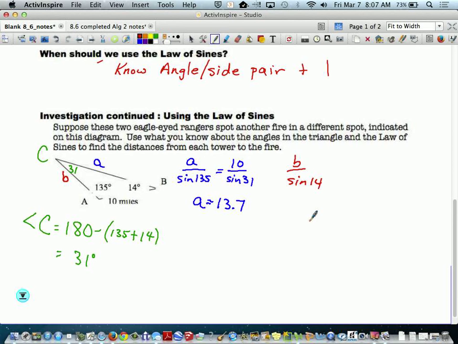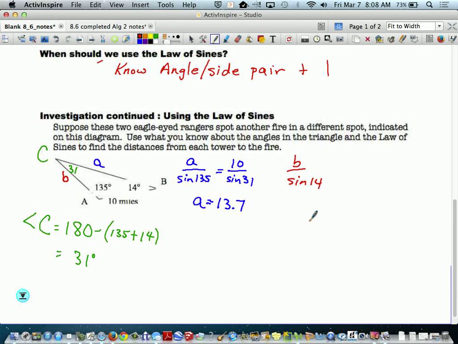Now you could use side A and angle A. Why should I not use side A and angle A? Because we rounded. We didn't use the exact number. Are you always 100% sure of your answers? Maybe you made a mistake, so it might not be correct. So always go back to the ones that are given.